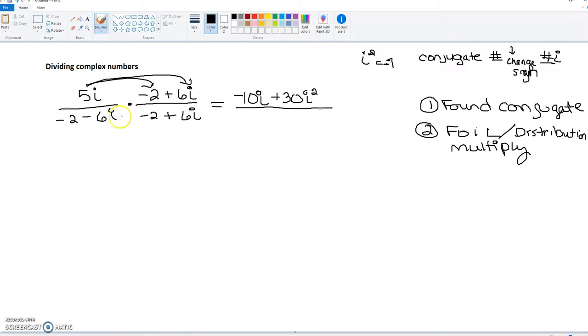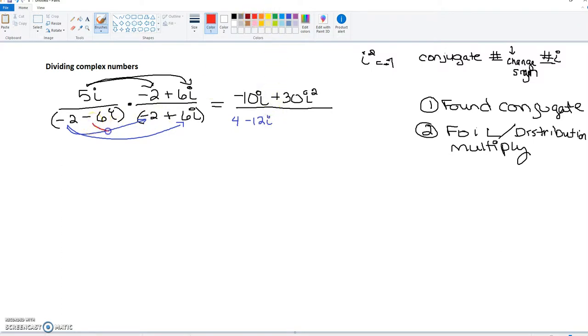Alright, and here's where we're going to do FOIL, because we've got two binomials here. For color's sake, I'll do it in different colors so that we can see what we're doing. So -2 and -2 is 4. -2 times 6i is -12i.